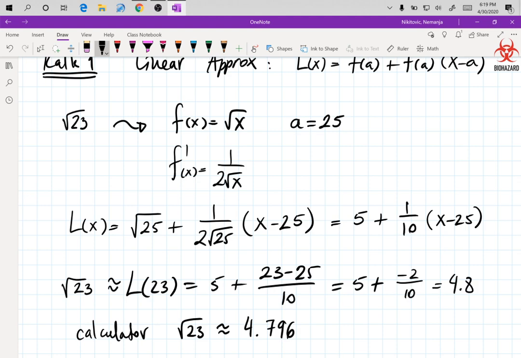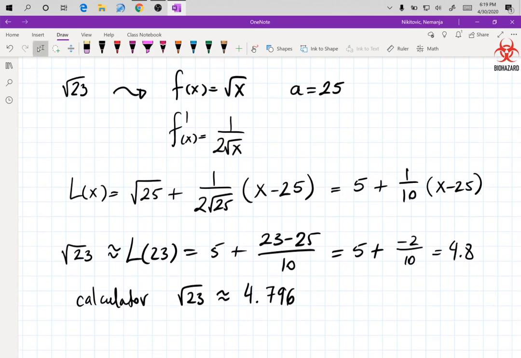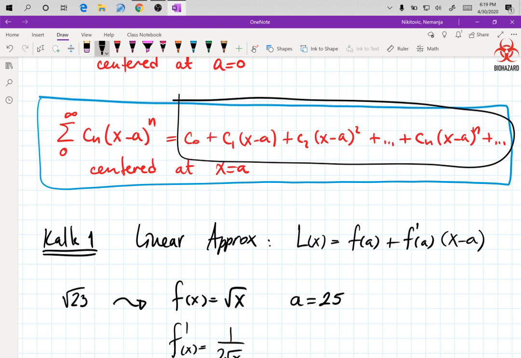So I have this calculation that we know from Calculus 1. The goal today is to make this even more precise by adding extra terms. What we call the two-term approximation, because when you compare this infinite polynomial, this corresponds to only the first two terms.